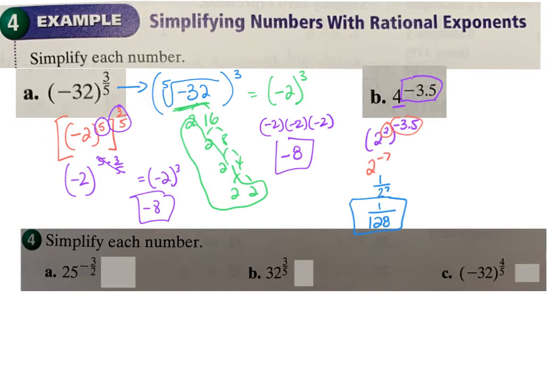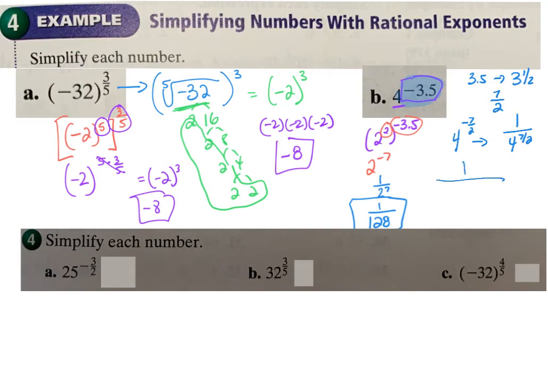The other method is to convert this to a fraction. So 3.5 is the same thing as 3 and a half, which is 7 halves, correct? So far, so good. So I have 4 to the negative 7 halves. Then I'm going to rewrite it as 1 over 4 to the 7 halves, and write it in radical form.